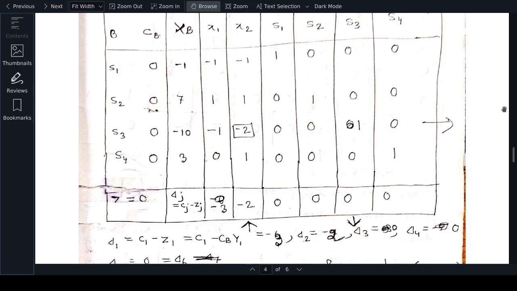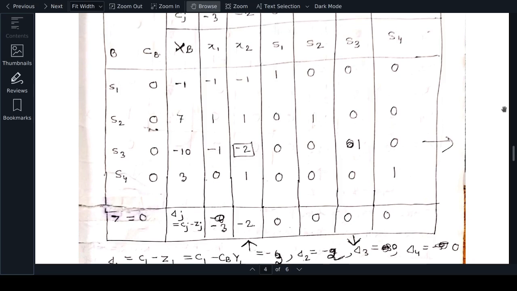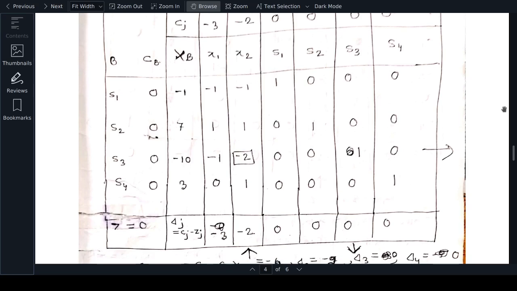So xb will be: s1 value is -1, s2 is 7, already calculated, s3 is -10, s4 is 3. Next, you find delta j value. Delta j equals cj minus zj. And z equals, same as earlier, cb into xb: 0 into -1 plus 0 into 7 plus 0 into -10 plus 0 into 3. So this gives us 0.